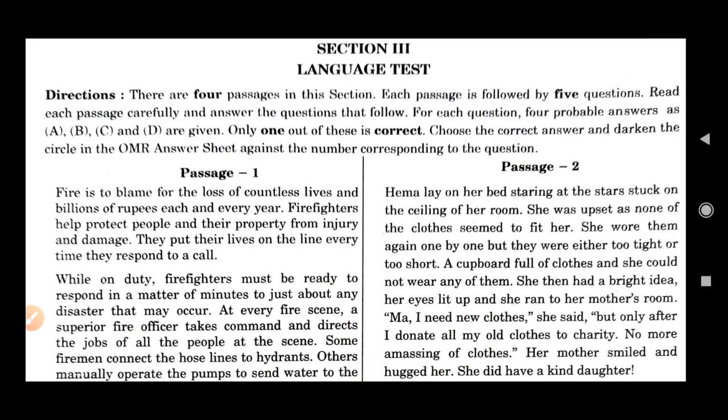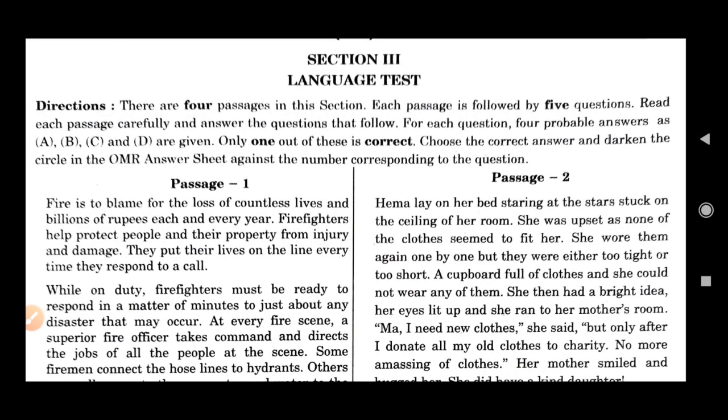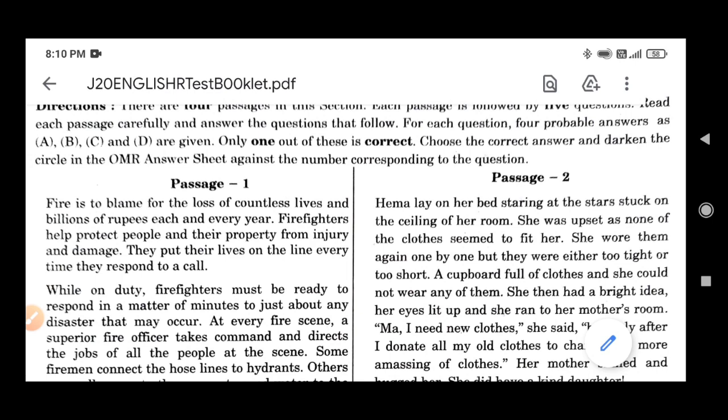There are 4 passages in this section. Each passage is followed by 5 questions. Read each passage very carefully and answer the questions that follow. For each question, 4 probable answers as A, B, C and D are given.